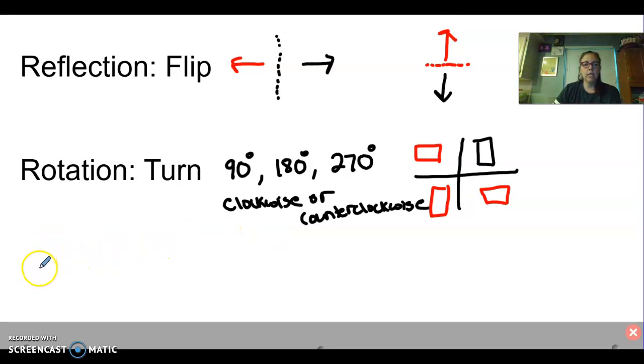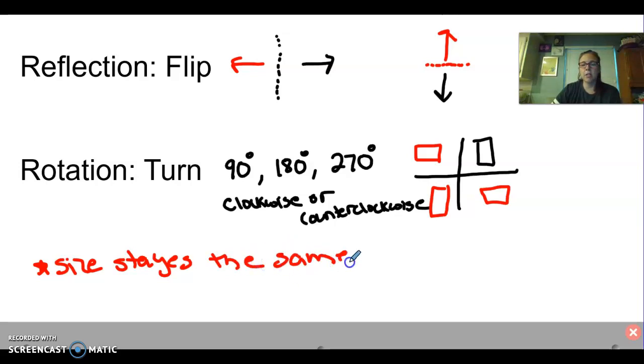So the things you need to know for sure: the size stays the same. They are similar. They're equivalent. The size stays the same no matter on all of these. The size stays the same. The direction may change.